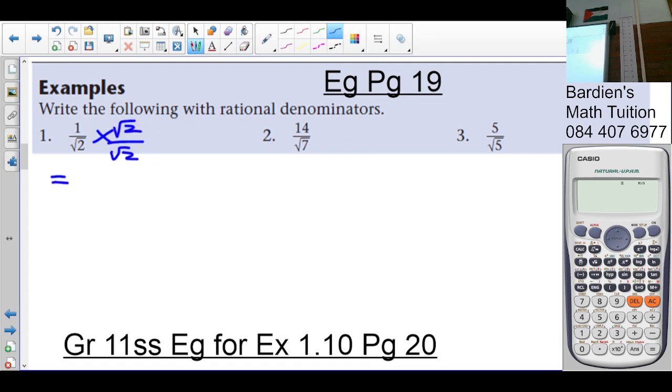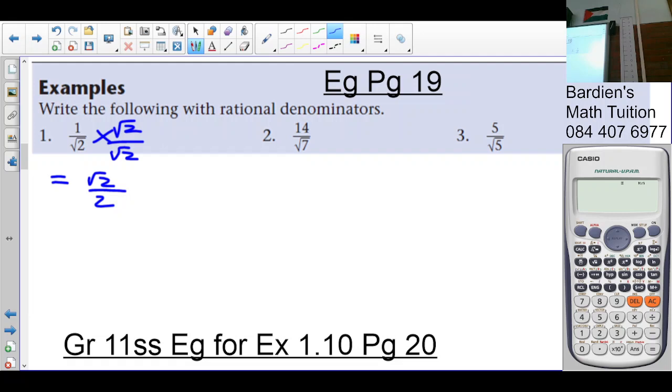So you say, okay, 1 times square root of 2. What's 1 times square root of 2? Square root of 2. What's root 2 times root 2? You see? 1 multiplied by root 2 is root 2. Root 2 times root 2 is not 1. It's going to be the square root of 4, which is 2. Do you guys understand? Alright.